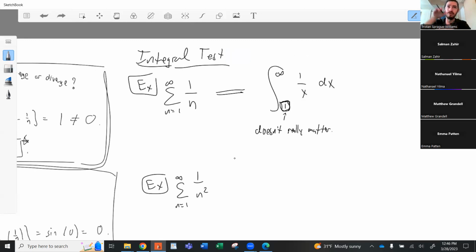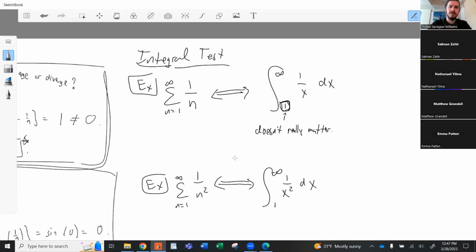It's like the rate of decrease. So we would want to look at, and this is not meant to be an equal sign, this is sort of a connection, like a double arrow. Maybe it's if and only if. The way I described it the other day was that their fates are intertwined.